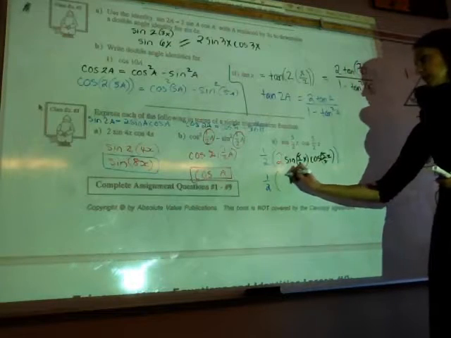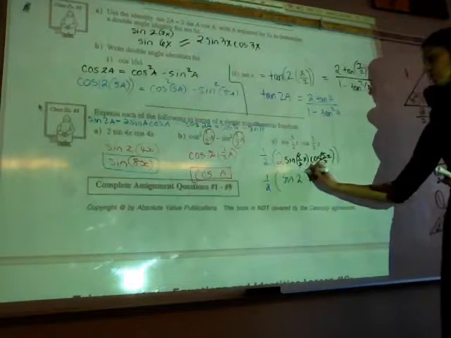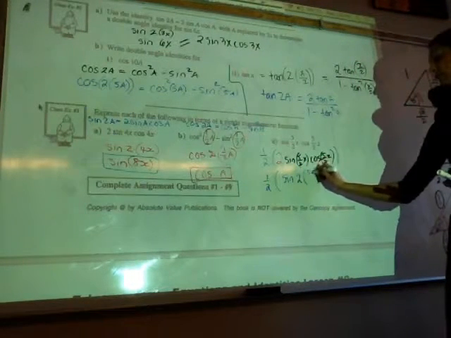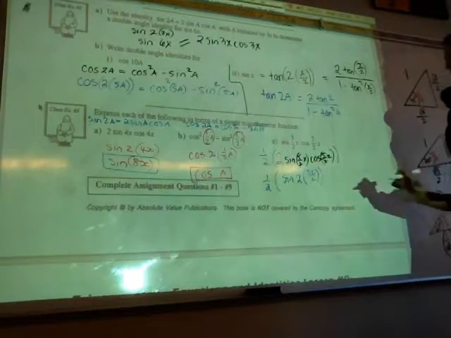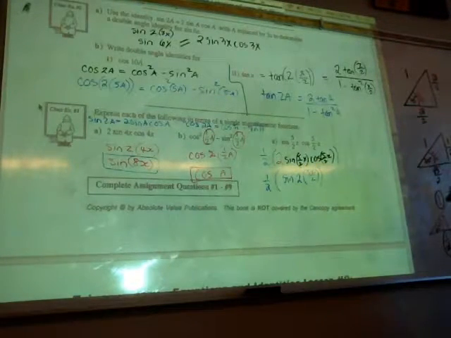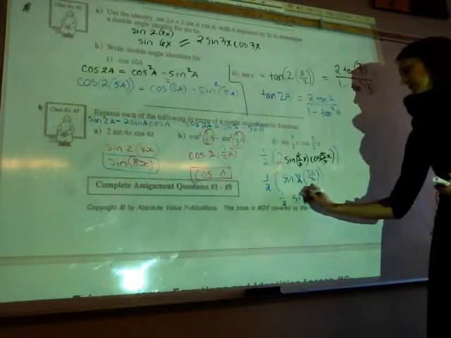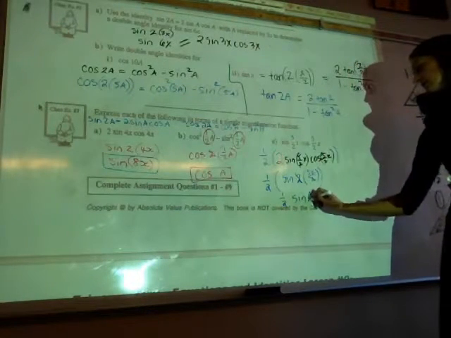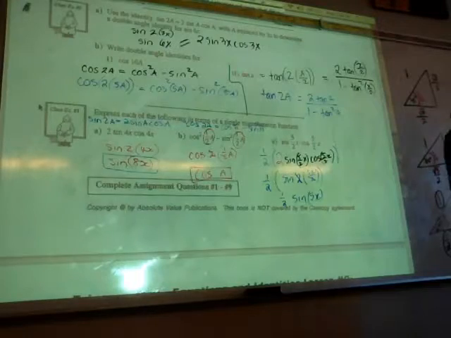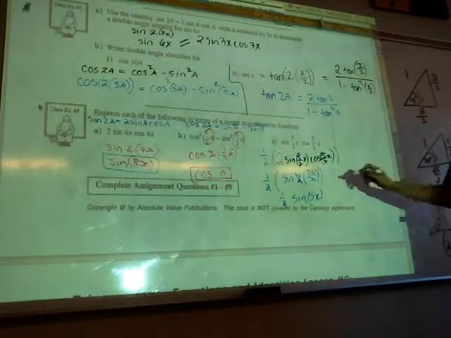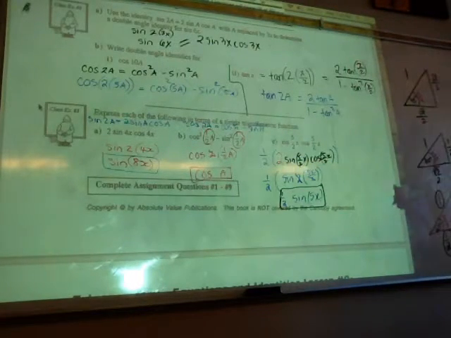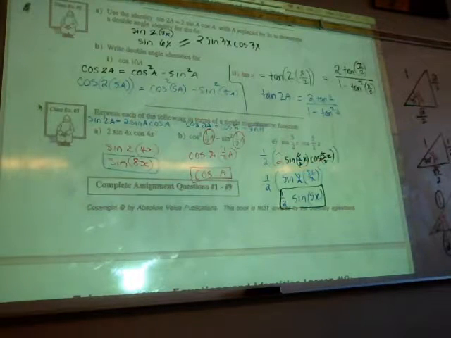So this will become sine 2 times our a, which is 5x over 2. The 2's cancel out, so I get half of sine 5x. Voila.